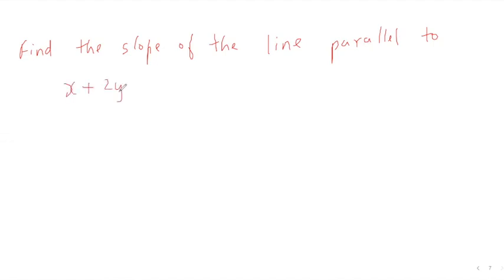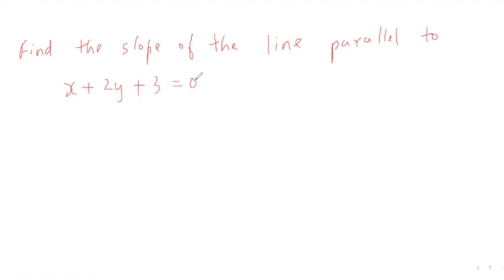So find the slope of the line parallel to x plus 2y plus 3 equals 0.